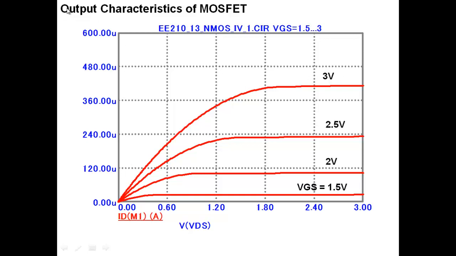Because in a MOSFET, the output is usually at the drain end, right? So it's the drain current of a MOSFET plotted against the drain to source voltage here. So the characteristics is looking at the MOSFET from the output side. How does drain current vary with drain to source voltage here? So that's the output characteristics of a MOSFET.